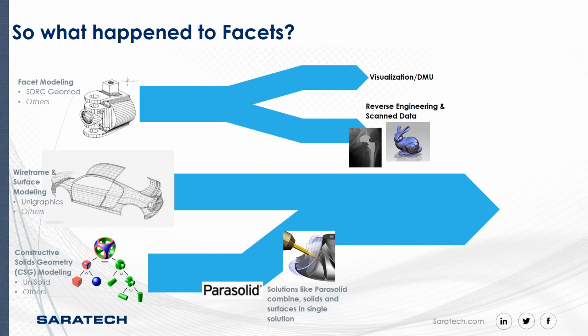However, facet modeling today is mostly used for reverse engineering and scan data, as well as visualization, meaning in the gaming industry or graphic design and whatnot. The coding behind facet modeling is very simple, which is why a lot of programmers, when creating these CAD tools, like to use it. But moving forward, when the models got more complex, we shifted away from it and moved towards BREP or Parasolid modeling.